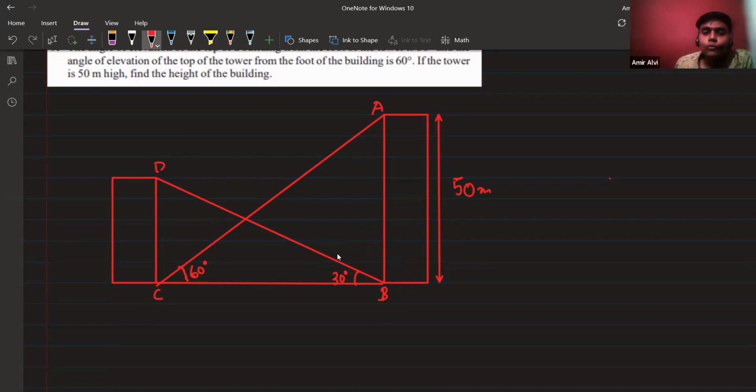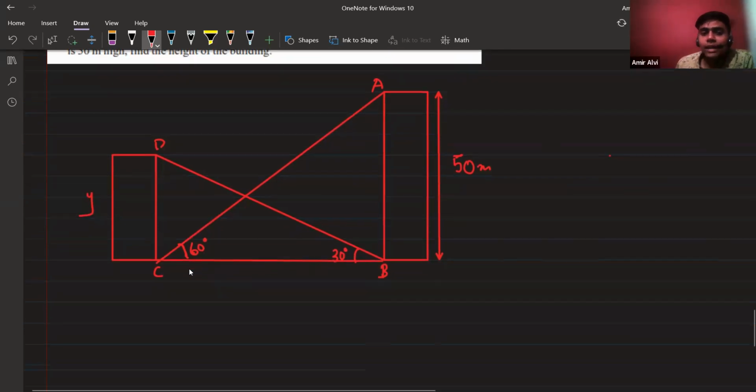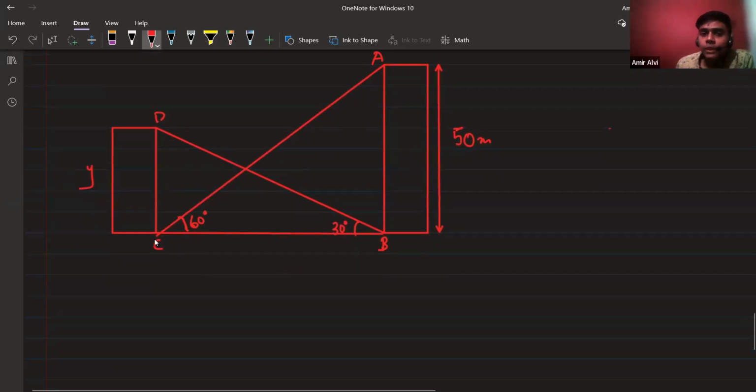Suppose this is Y. If I need to find the building's height, what do I need? We need the base distance, the distance between the feet of the tower and the building. So we have 50 and we have a 60 degree angle, so I can apply trigonometry in triangle ABC.